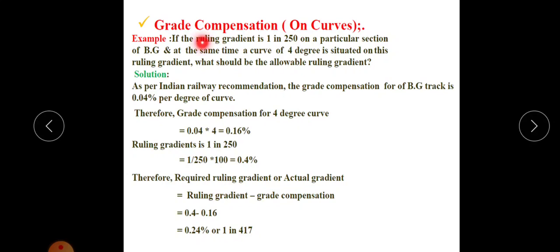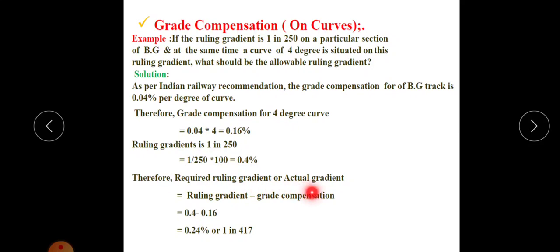The ruling gradient is 1 in 250, and since the compensation is in percentage, we convert this to percentage: 1 in 250 into 100 gives 0.4 percentage. So 0.4 percentage is the ruling gradient on that track. Since the curve is coming, we have to provide grade compensation, so we reduce the grade compensation from the existing ruling gradient.